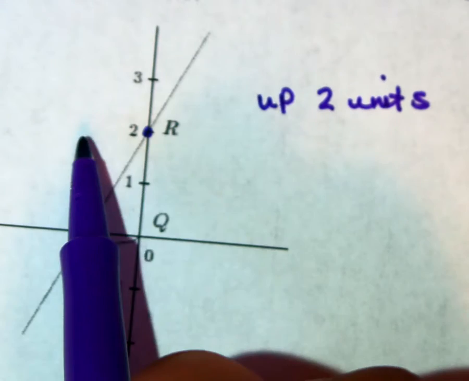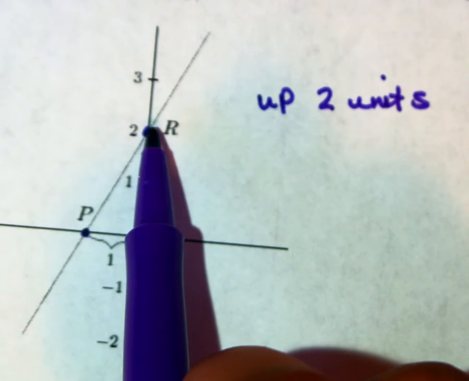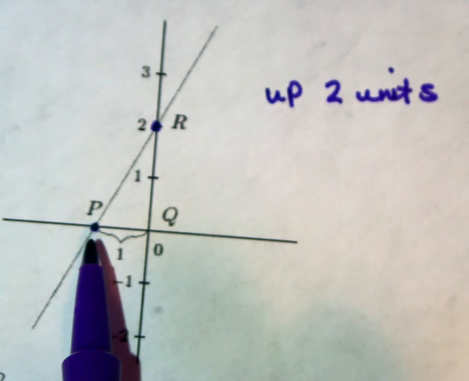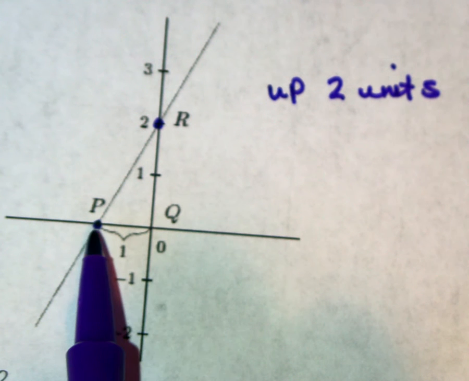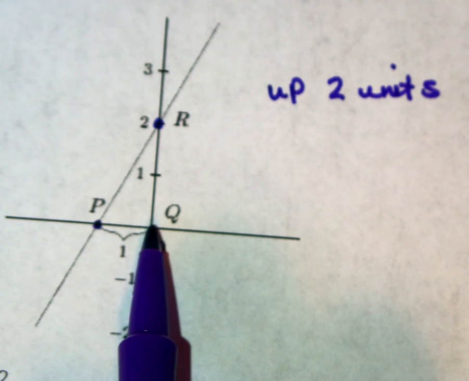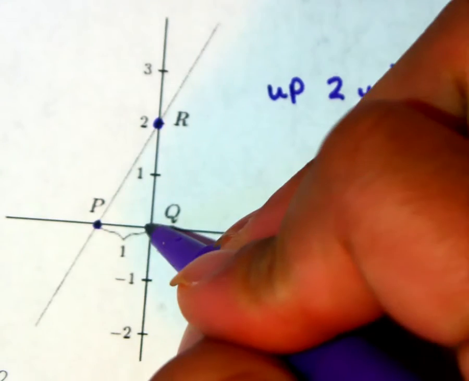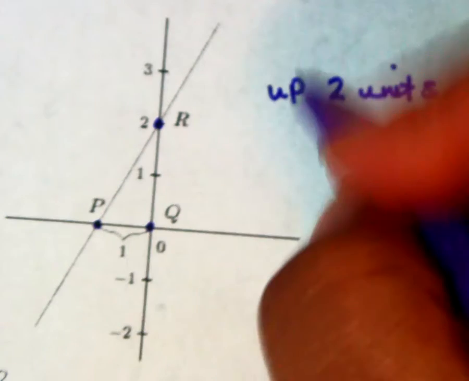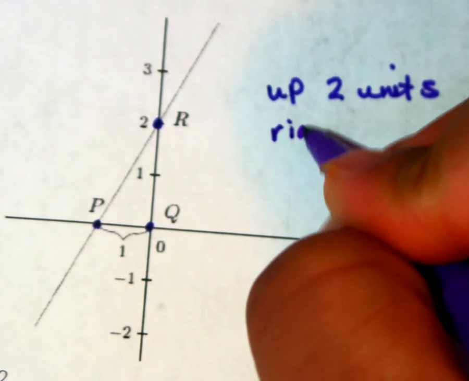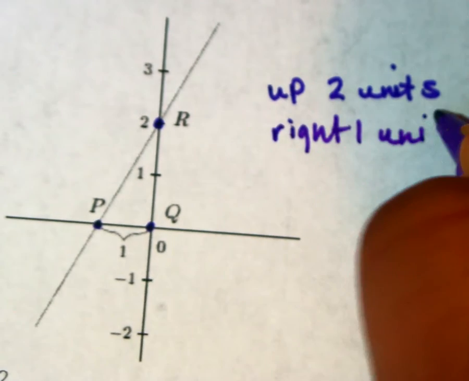And I want to move now to the right 1 unit, because I see clearly that P is at -1 and 0. So for me to move over to point Q, which is going to be here at the origin, 0, 0, I need to move 1 unit over to the right. So I'm going to move right 1 unit.